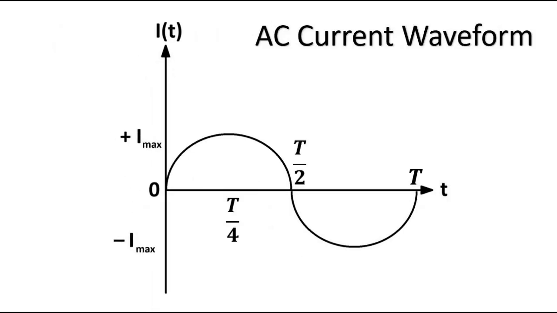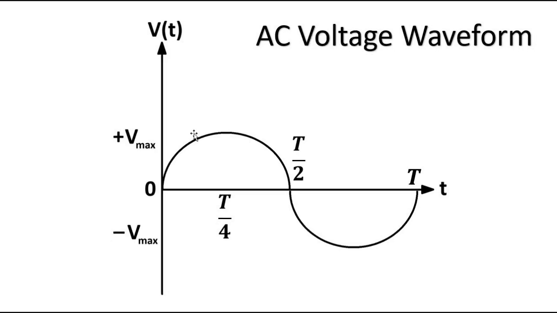The positive and negative maximum values are called the amplitude of the signal waveform.